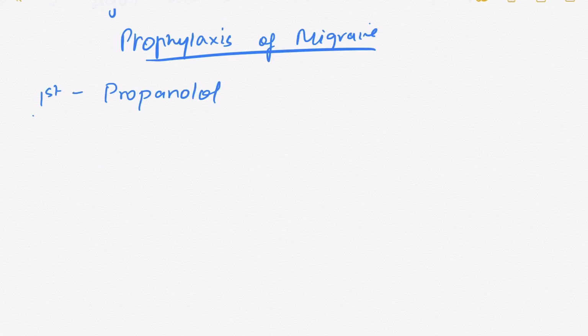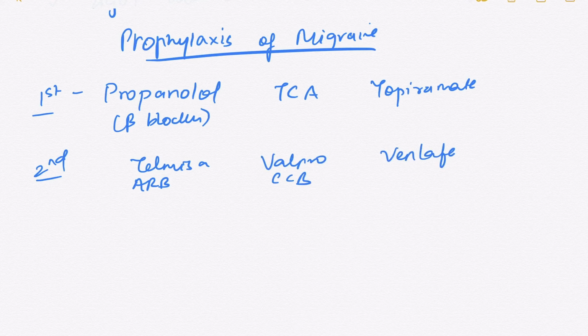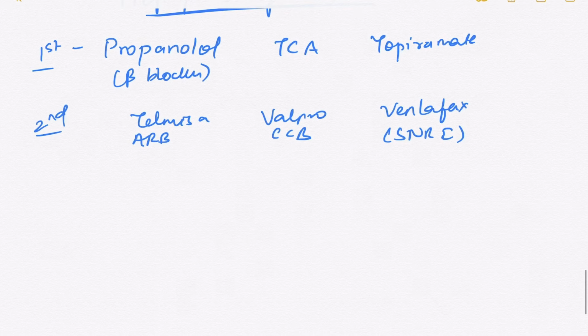First line is propranolol, then TCA and topiramate, and second line is ARB, that is telmisartan, then CCB, that is valproate, and venlafaxine, which is a SNRI antidepressant. Okay, so this was about the prophylaxis of migraine.